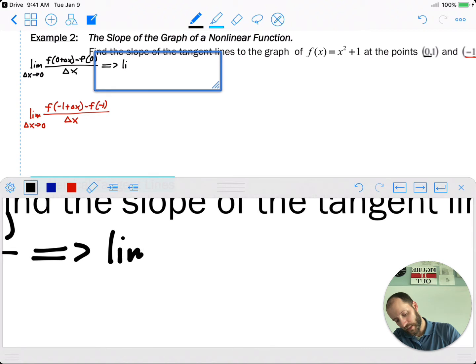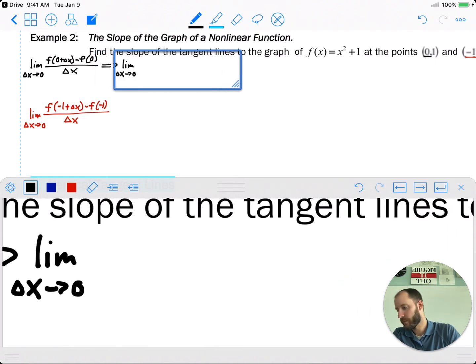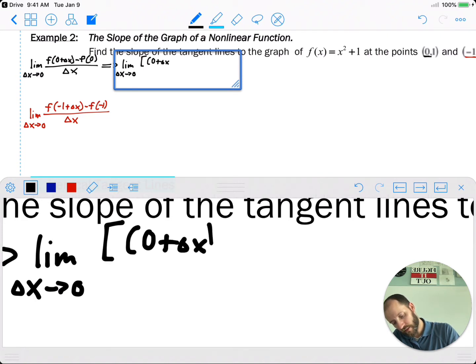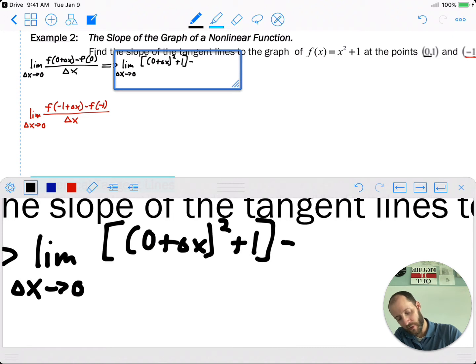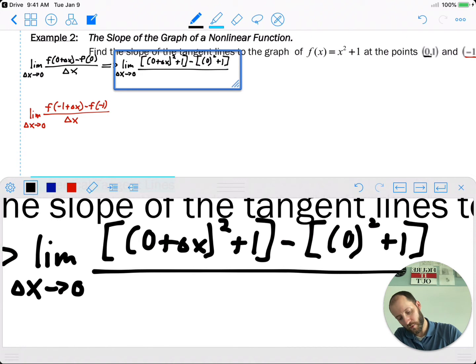The limit as delta x approaches 0, I'll use brackets here, so bracket 0 plus delta x squared, then plus 1, x squared plus 1, so plus 1 at the end, minus 0 squared plus 1, all over delta x.